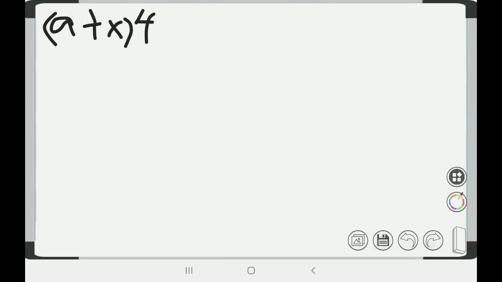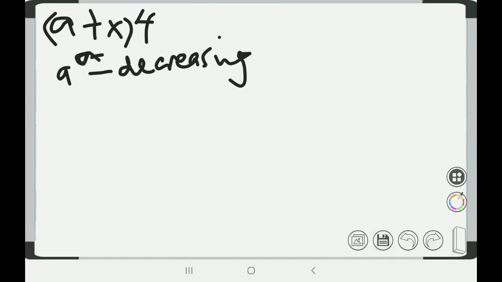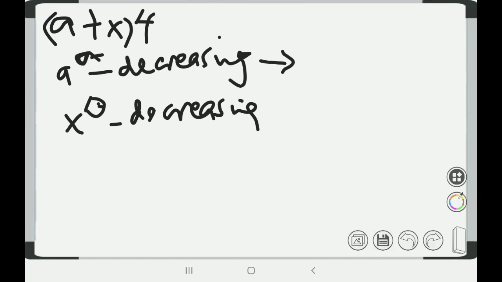As earlier I said, the index of a should be decreasing towards the right.